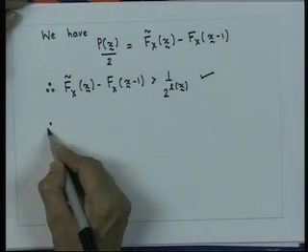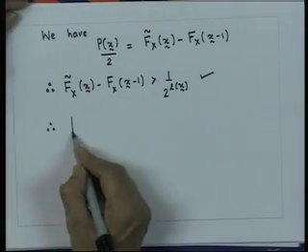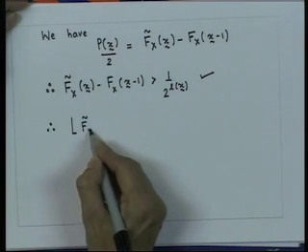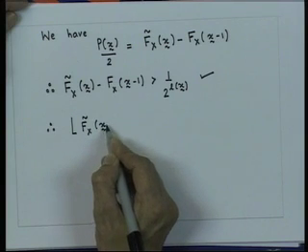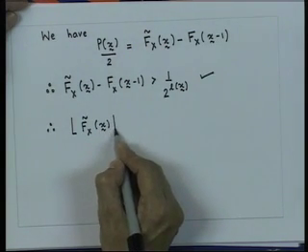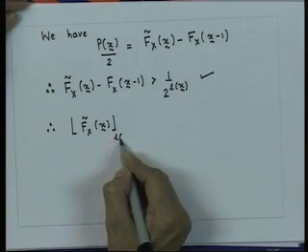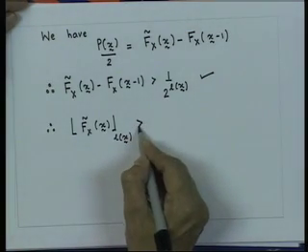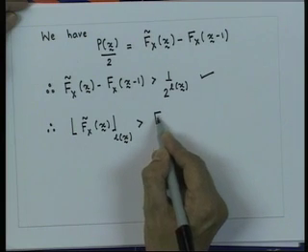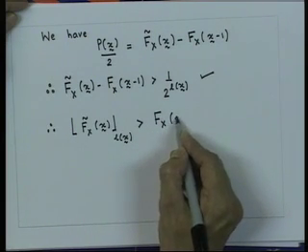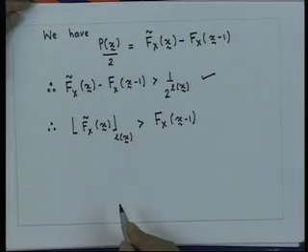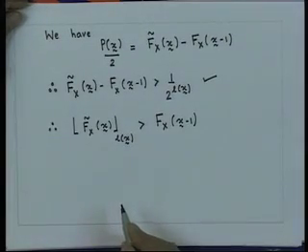Therefore, what it implies is that the truncated version of F tilde is greater than F(x minus 1).